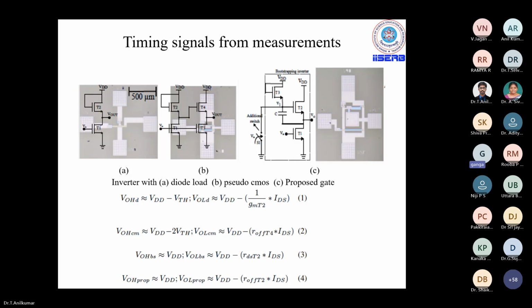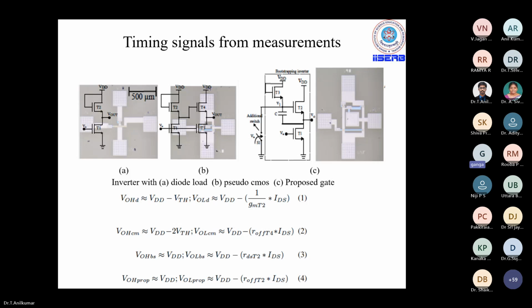Then people started mimicking CMOS with only NMOS. That design is known as pseudo CMOS, which is shown in circuit B. The bottom transistor T1 is the very same as in the CMOS design, but the top transistor T4 together with an inverter before it mimics a PMOS behavior.